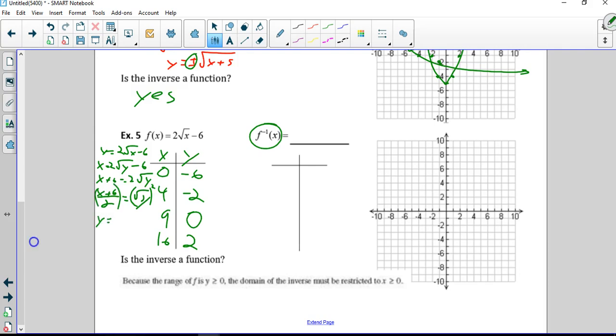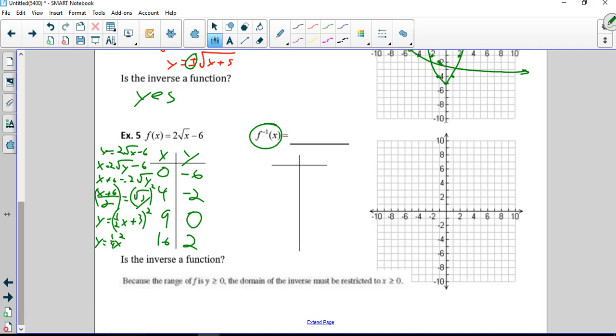Y equals 1/2 x plus 3 squared. So y equals, let's use our shortcut, 1/2 x times 1/2 x is 1/4 x squared. 3 times 1/2 x is 3/2 x.